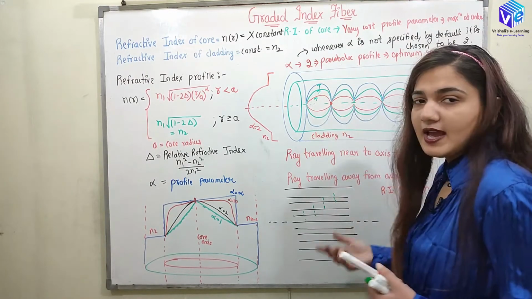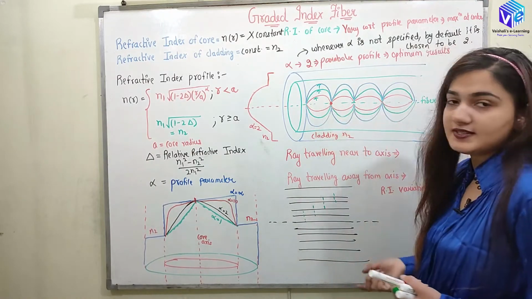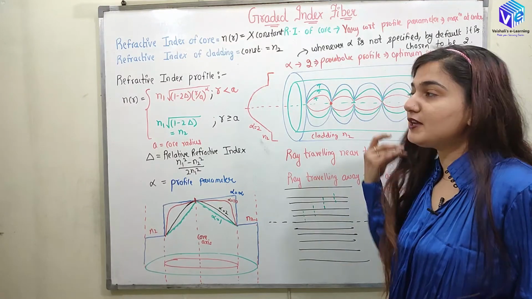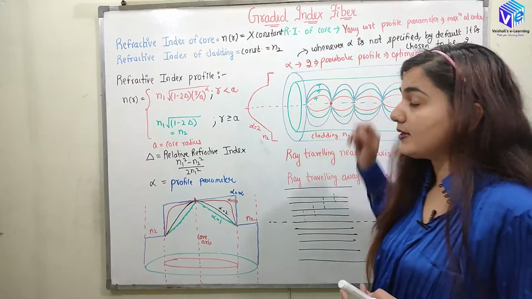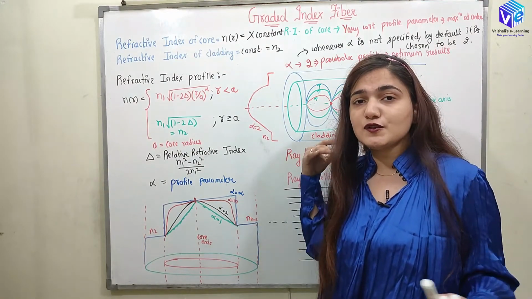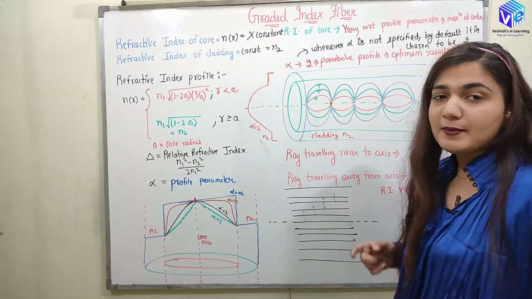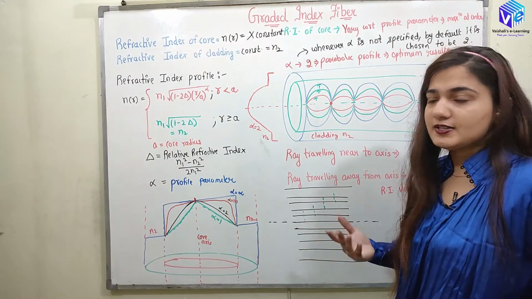So ray 3 will have the maximum velocity, and thus all of them are reaching the fiber axis at the same time. So the intermodal dispersion will be less, because all of them have different angles of incidence, due to which they have different modes. And if they are reaching the fiber axis at the same time, there will be no intermodal dispersion.